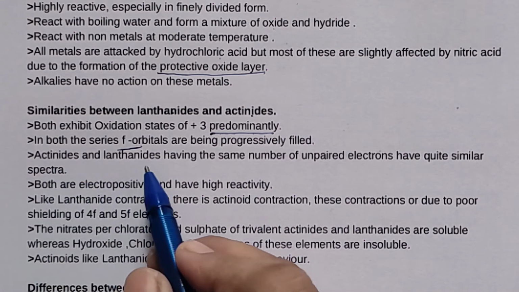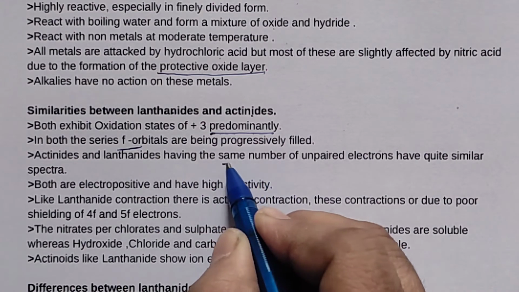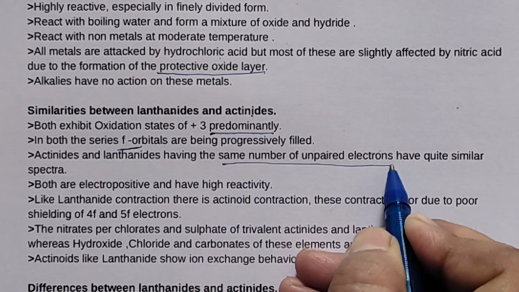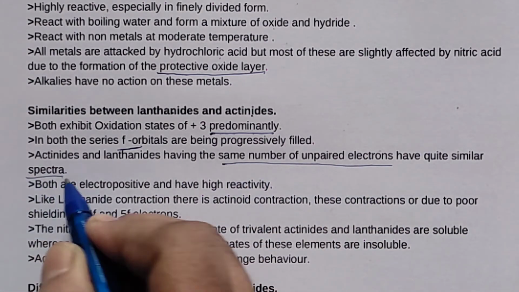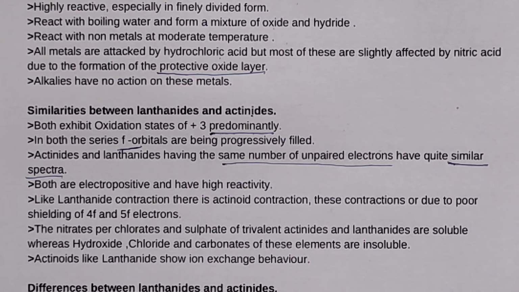Both lanthanides and actinides having the same number of unpaired electrons have similar spectra, absorption and emission spectra. They will have a similar type of spectra if they contain the same number of unpaired electrons.